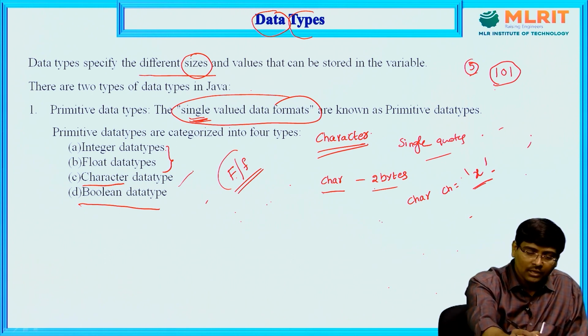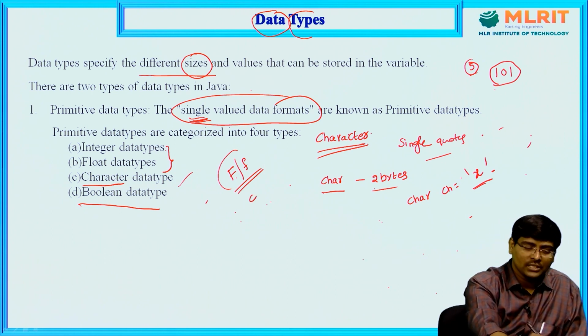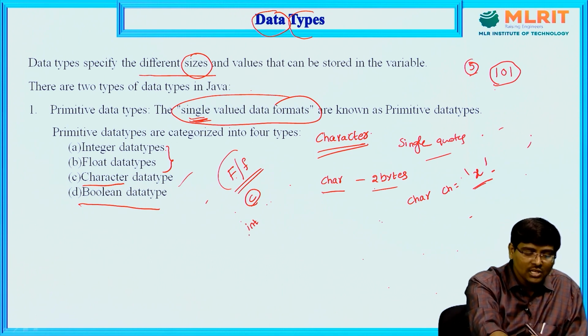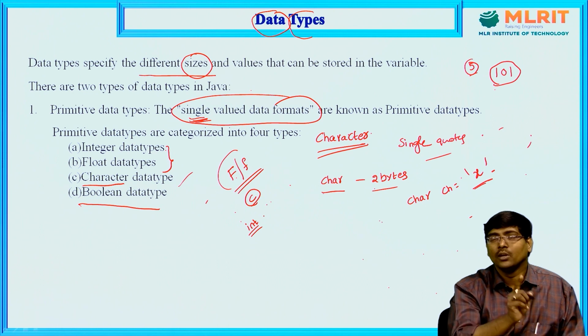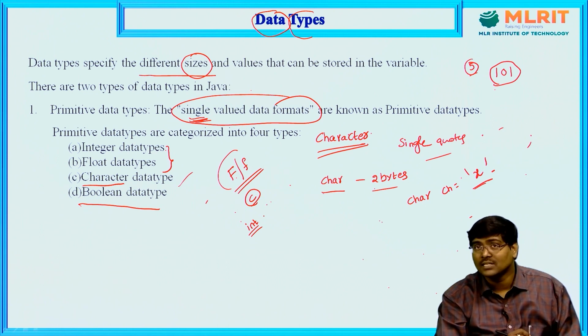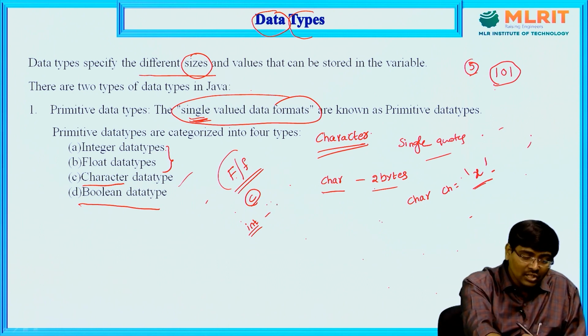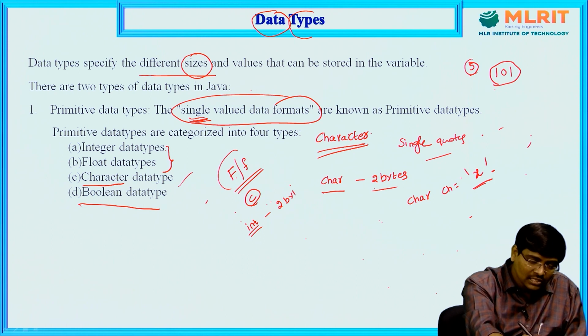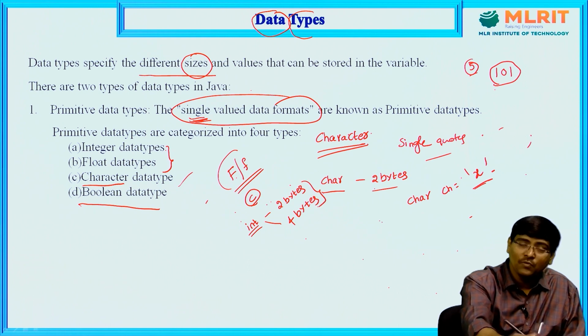Just to observe, coming to C language, what is the size of integer? It is not possible to predict the answer exactly. Why? In some systems the size of integer is 2 bytes, in some systems it is 4 bytes.